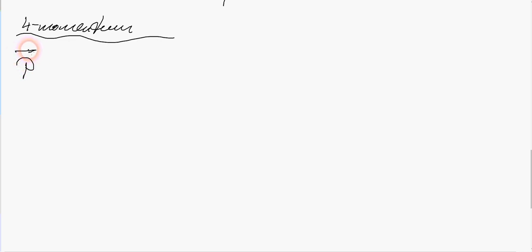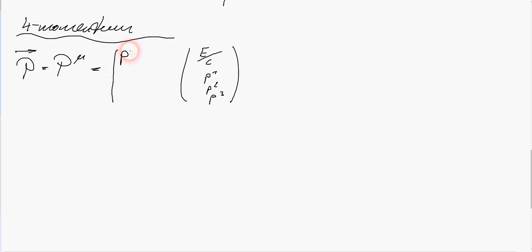So P, or in index formulation, P mu equals E over c and P1, P2, P3. Just for exactness, it has four components, 0, 1, 2, and 3. It's capital P here always, and those are the four components.